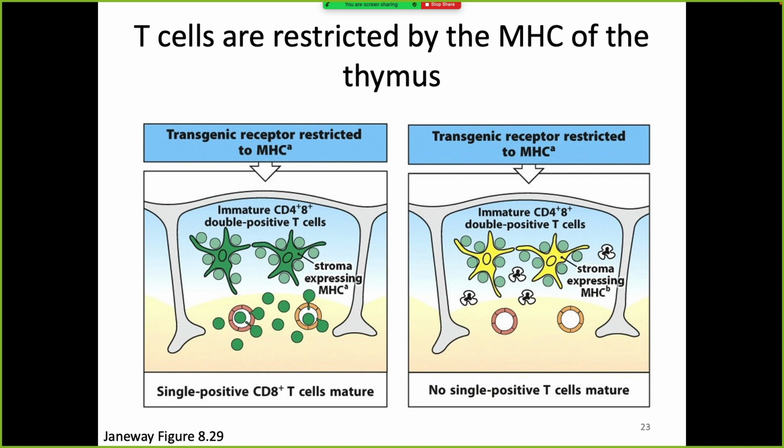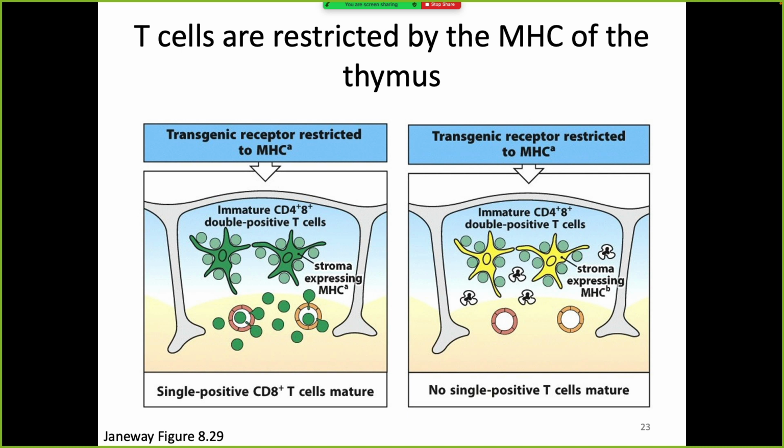However, they could also do this experiment where they put those genes into an embryo of a different MHC type. So all of the T cells are going to try to develop. They're all going to make this receptor that you put in. They're all going to be like, I got a great receptor. Thymus, give me a signal so that I can develop. And the thymus is not going to have any matching MHC.